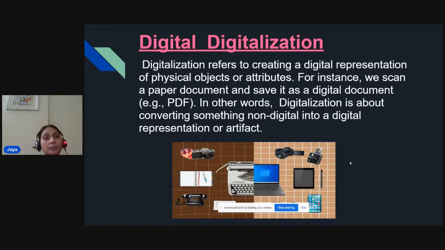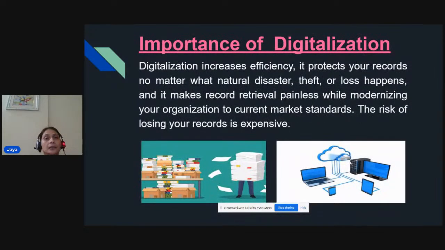That's the reason that when we use this digital tool in our business module, these four points are really important to get your business running smoothly for the consumers as well as for the business owners. My next slide is on the importance of digitalization.